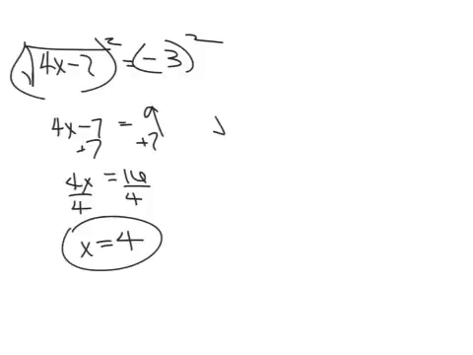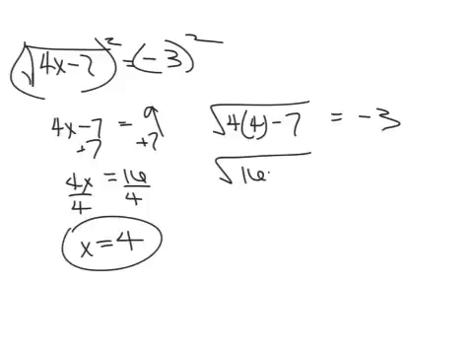But when I take my radical and I put the 4 in there for my x, I get the square root of 16 minus 7, which is 9, equals negative 3. The square root of 9 is 3.